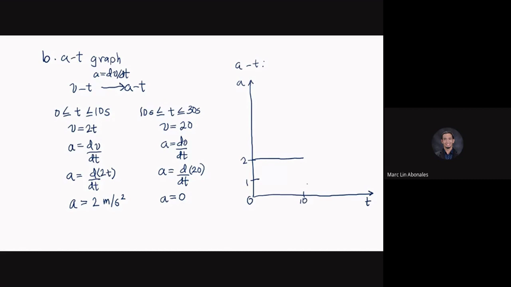Then afterwards, pag abot sa 10 to 30 seconds, ang imong acceleration is 0. So it lies within the horizontal axis. So starting from 0, change lang na kong color. Until 30, say dirang 30. So it is represented with a red color.